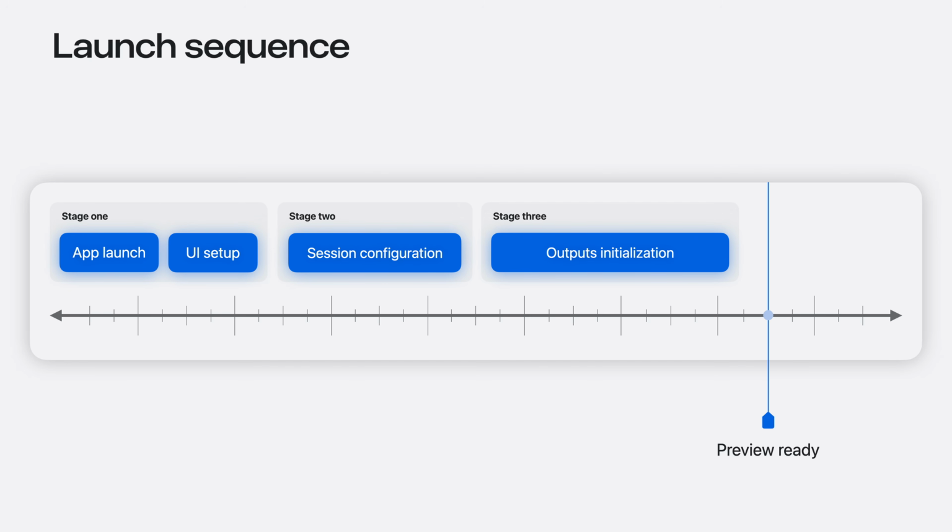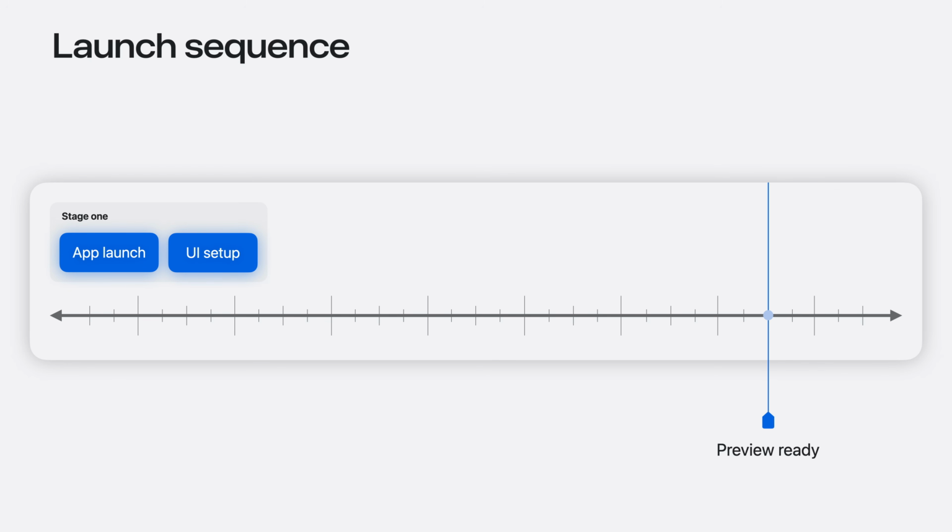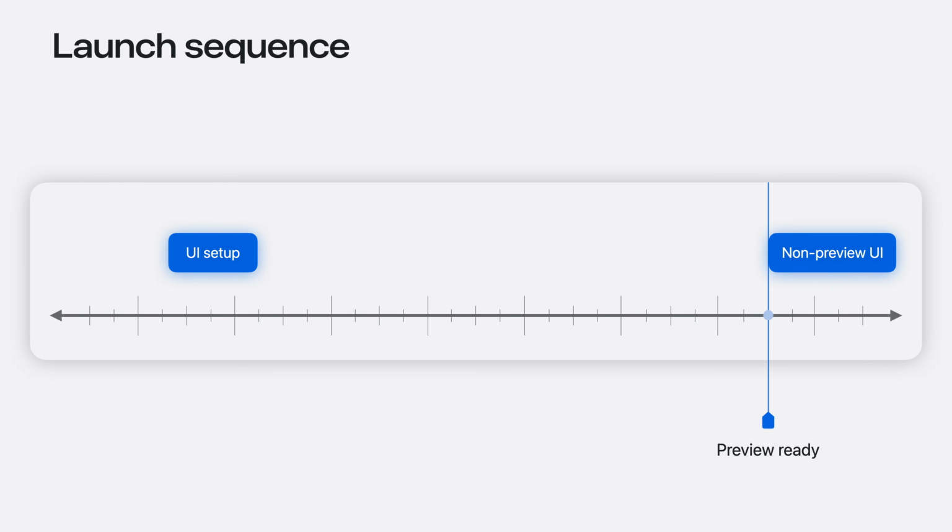I'll walk through specific optimizations for each of these stages. The app's UI plays an important role in the camera launch experience. When designing a launch flow, split the work into 2 phases: resources critical for launching and displaying preview, and resources that can be created after preview is running.